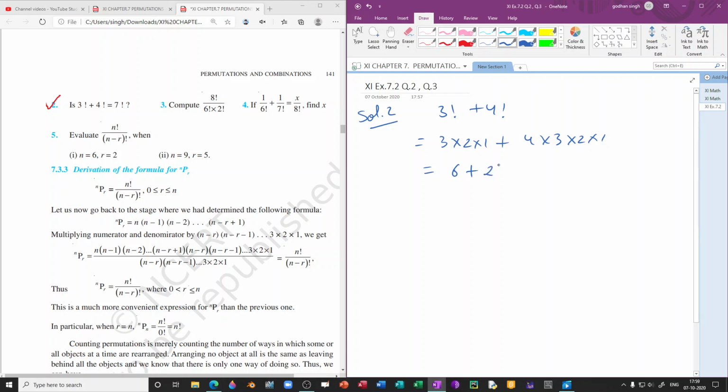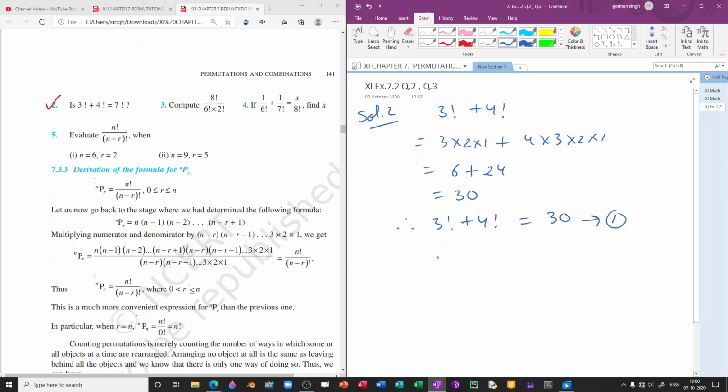So 6 plus 24, and 6 plus 24 is 30. So this is 30. Therefore 3 factorial plus 4 factorial is equal to 30. And let this be question number 1.